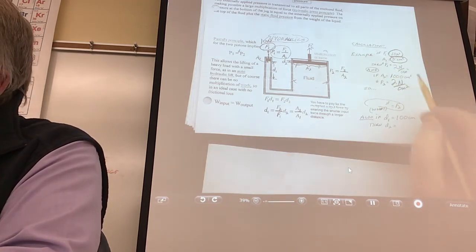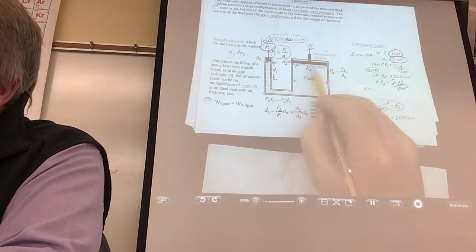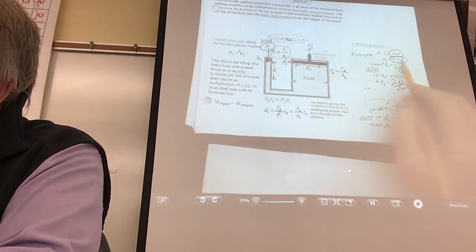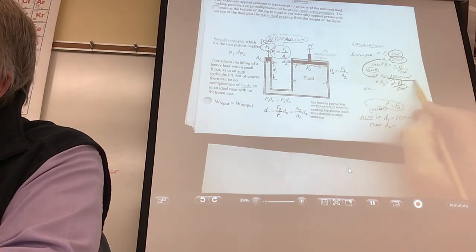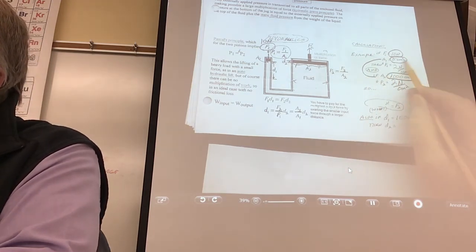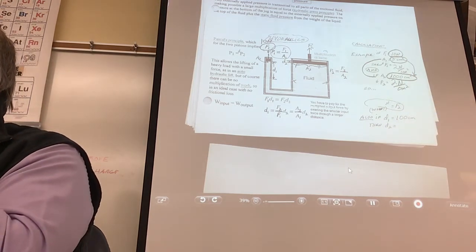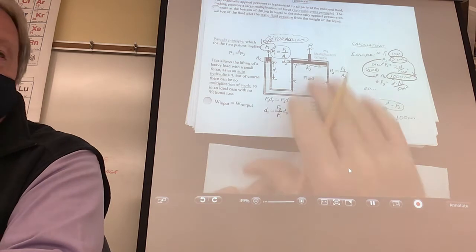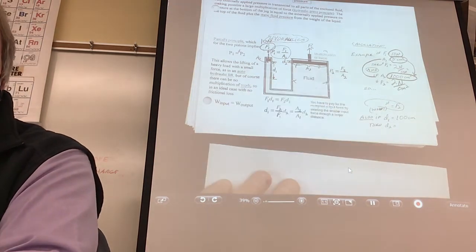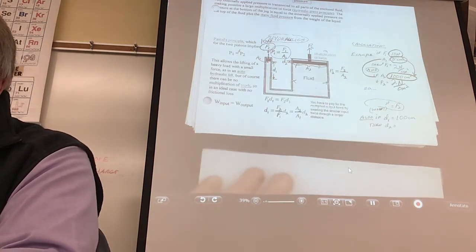Tell me, how does the area of this compare to the area of that? A1 is 5 square centimeters, and A2 is 1,000. Get in the world of ratios and tell me how many times more area does the second piston have than the first? What do you think?